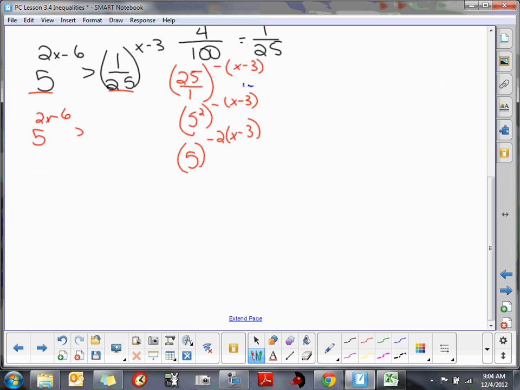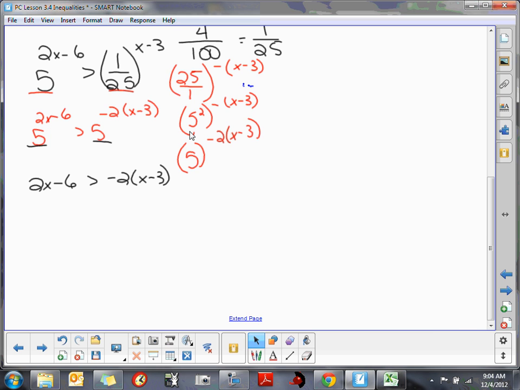And now I'm going to take all that information and put it over here. It's 5 raised to the negative 2 times x minus 3. Now I have a common base of 5 on both of them. So this 2x minus 6 has to be greater than negative 2 times x minus 3, and then we're going to solve the resulting linear inequality.